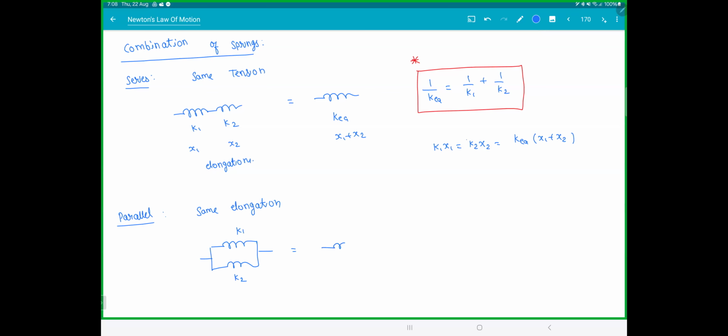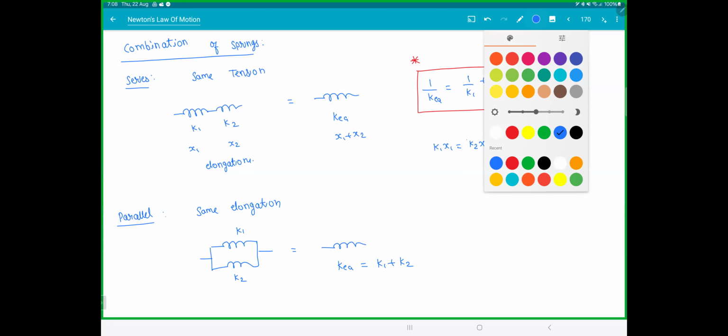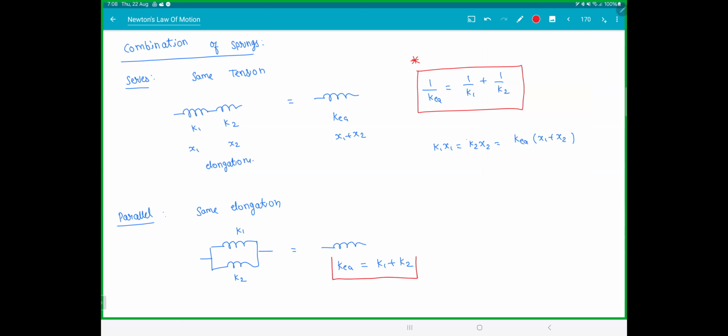You can replace this with one spring, K equivalent, where K equivalent is K1 plus K2. They'll just add up. So be careful there. The formulas are reversed compared to resistors.